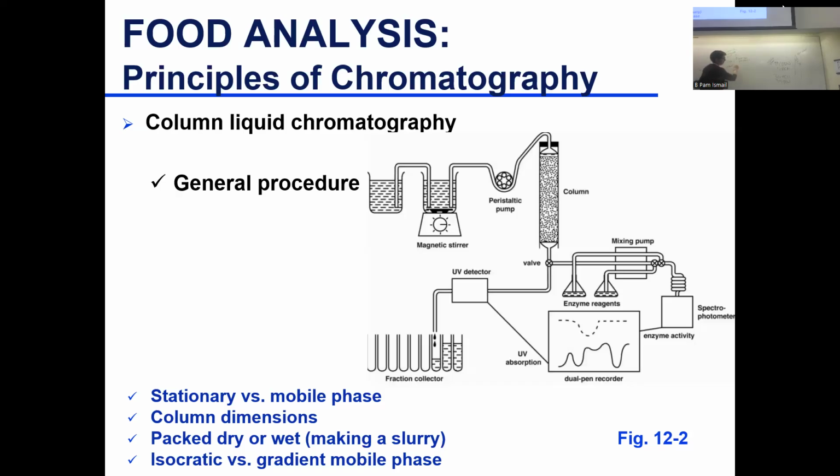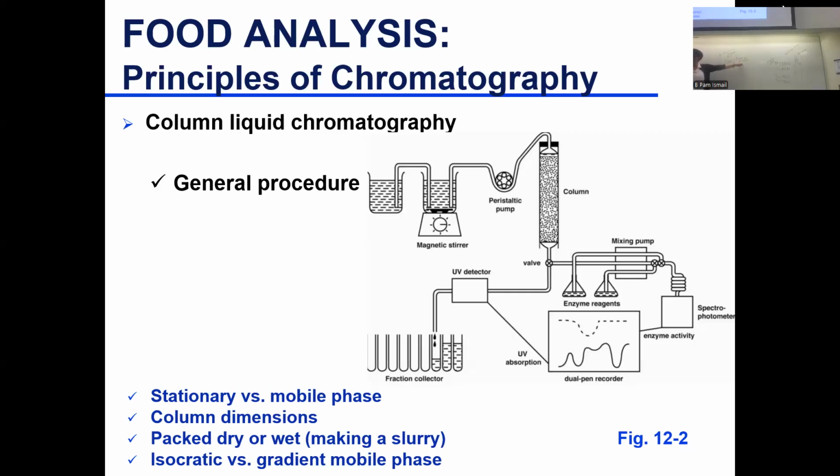And this one is reversed phase. So this is normal phase. This is reversed phase. Here I start with acetonitrile 70%, water 30%. How do I increase the strength of this mobile phase?